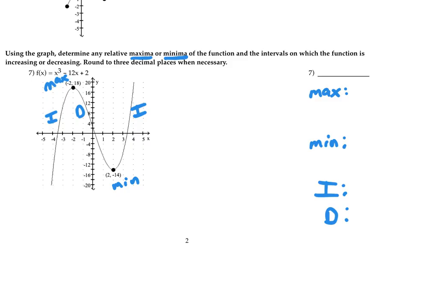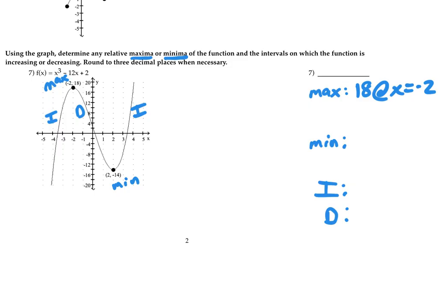And so your maximum value is always the y value. So it reaches its maximum at 18. And that happens at x equals -2. So it's really just another way of writing this ordered pair out. 18 is the highest it will ever reach, and it reaches it when x is -2.